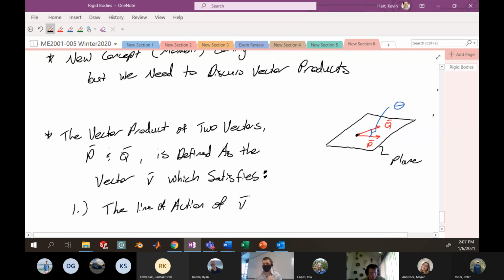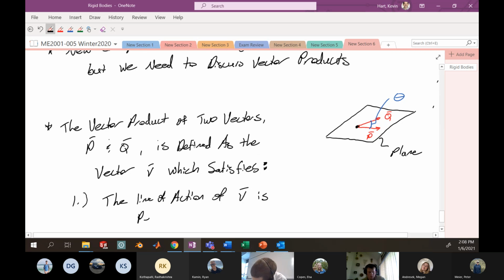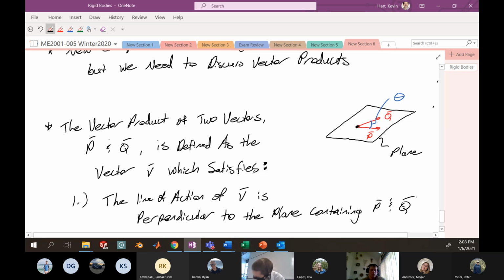The line of action of the vector V, that is basically the direction in which it acts, is perpendicular to the plane containing P and Q. All right, so what does that mean?